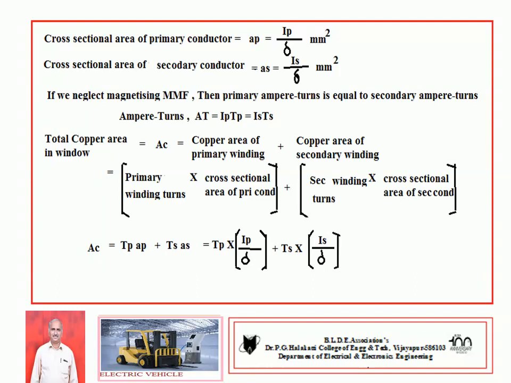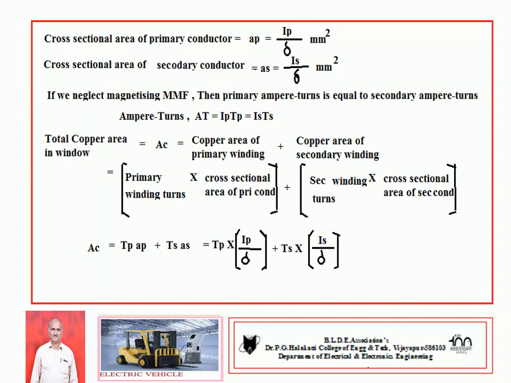So you can write the expression: AP is the cross-sectional area of the primary conductor, the number of turns is TP. So TP into AP gives the total primary winding conductor area, plus TS into AS. TS is the number of turns of the secondary, AS the cross-sectional area of the secondary conductor. So TS into AS gives the total secondary conductor copper area.